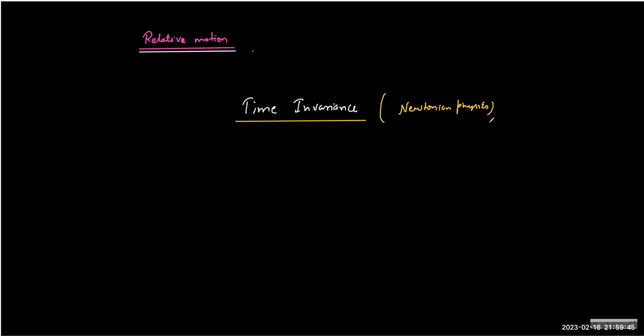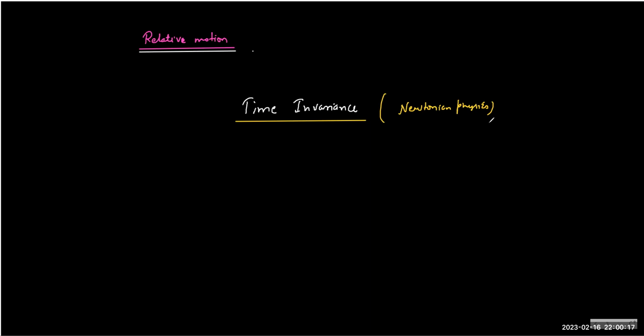So time invariance is the key idea which we try to discover through the chapter of relative motion: that we have to look for a frame which can give the motion in the most simplistic form. If I know how the motion happens in that frame, I can use that to find my time, because no matter which frame I choose, the calculation obtained in one frame will be equally valid in every other frame.